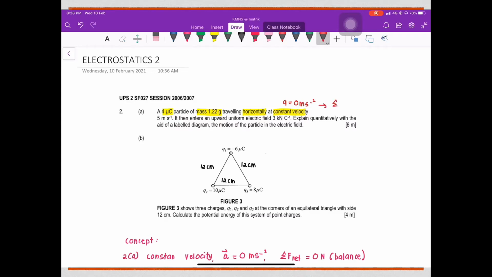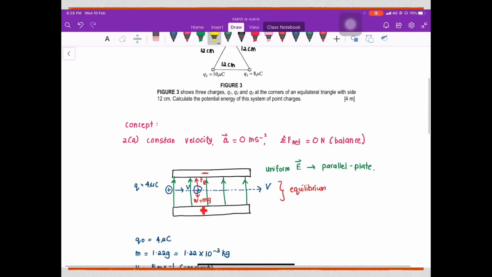Therefore, the net force should be equal to 0. Then the velocity is 5 meter per second. Then it enters an upward uniform electric field. Explain quantitatively and label a diagram.